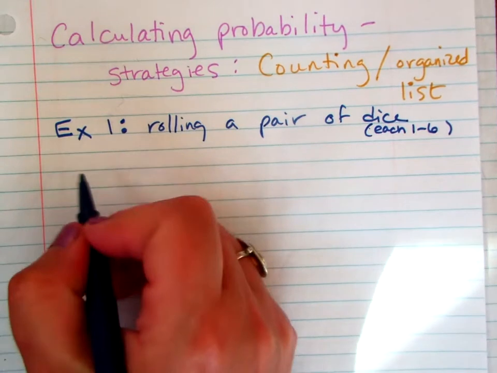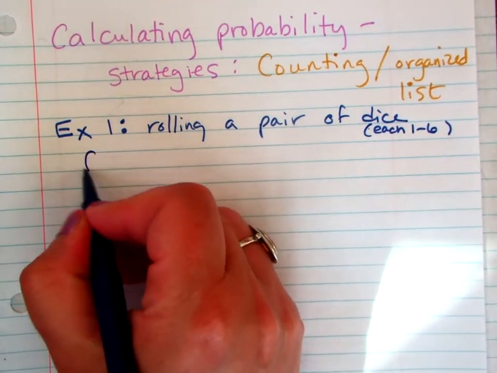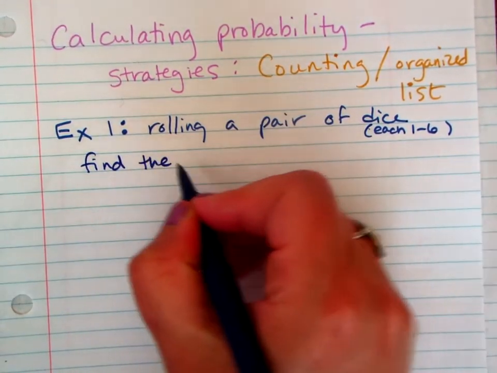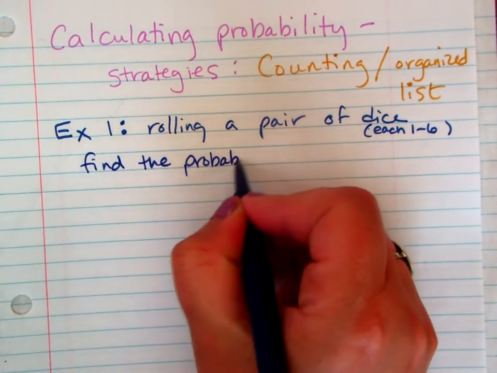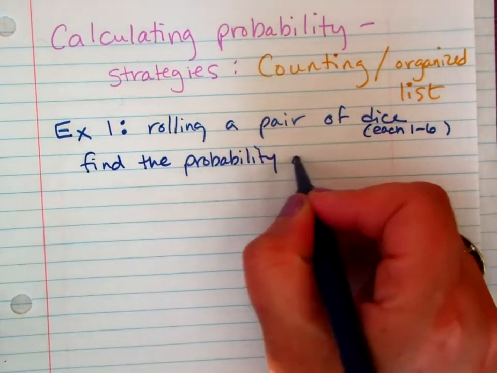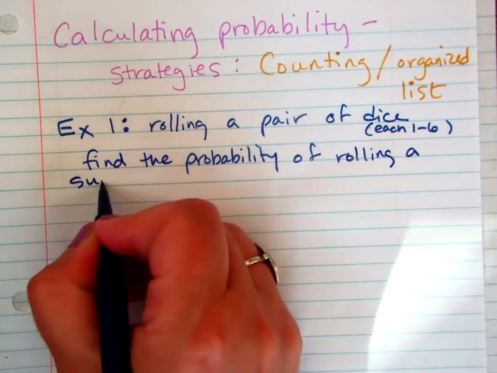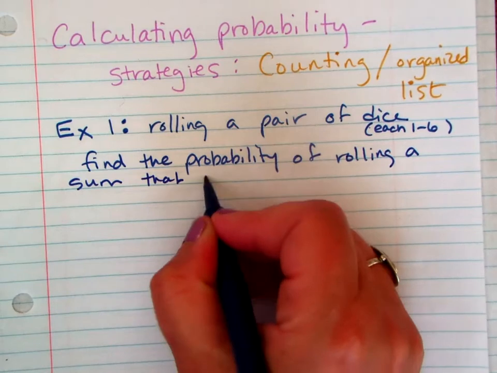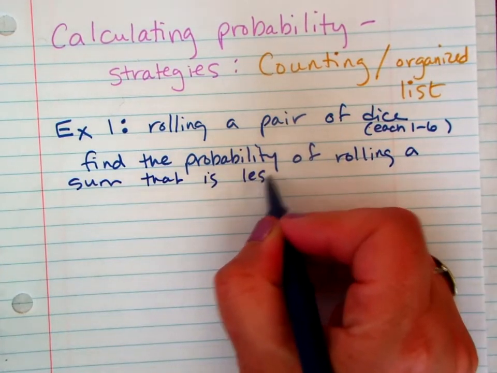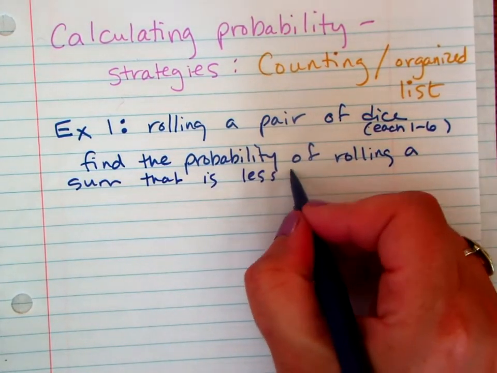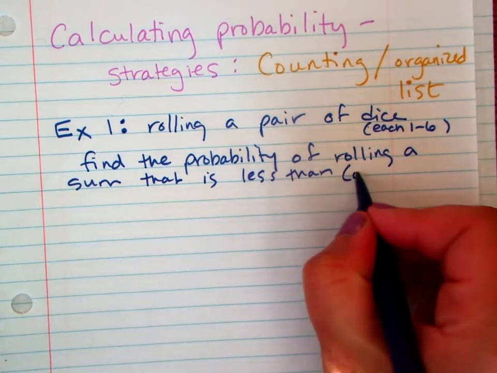Okay, so for example, we might find the probability of rolling a sum that is less than 5. Well, let's say less than or equal to 5.